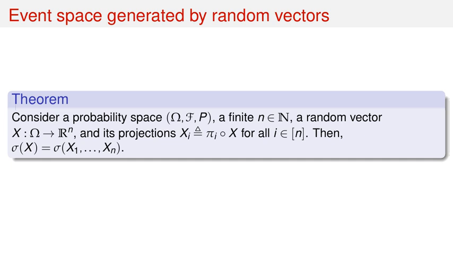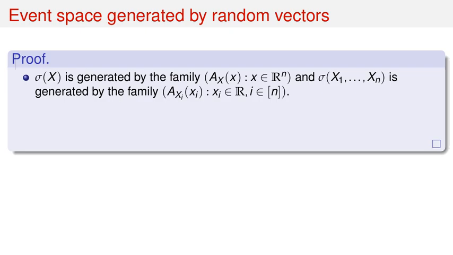Consider a probability space (Omega, script F, P), a finite n, a random vector X from Omega to R to the n, and its component projections X sub i equals pi sub i composed with X. Then the sigma algebra generated by the random vector X, sigma of X, is equal to the sigma algebra generated by its components X sub 1 through X sub n, denoted sigma of X sub 1 and so on, X sub n.